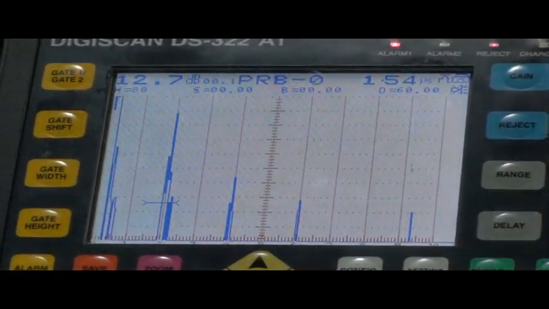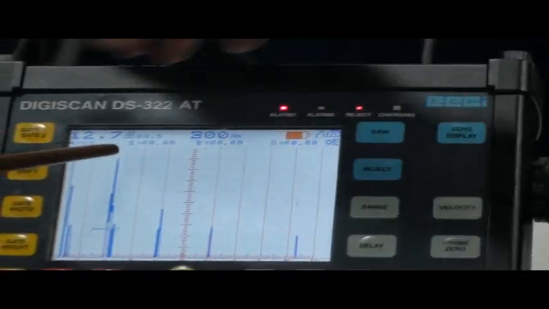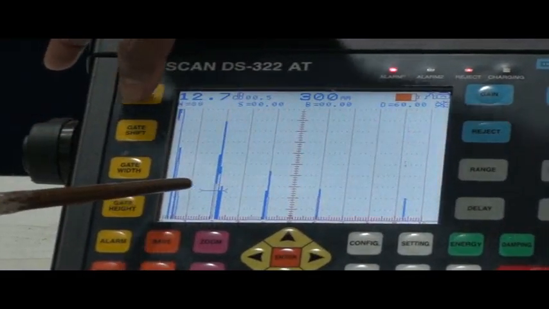So now we will increase the gain and we will read the position of each echo.